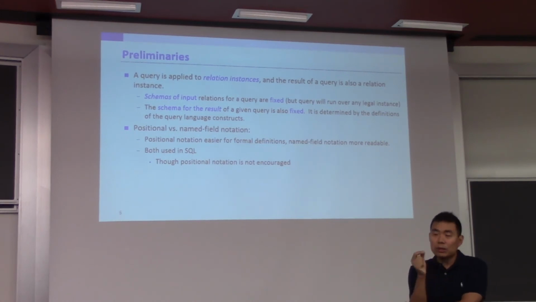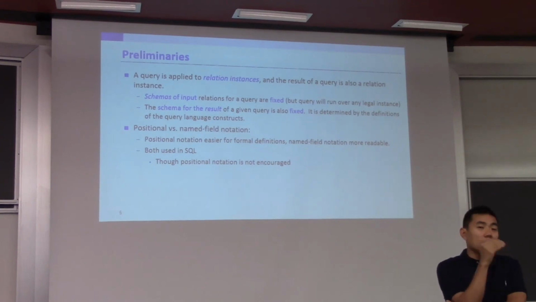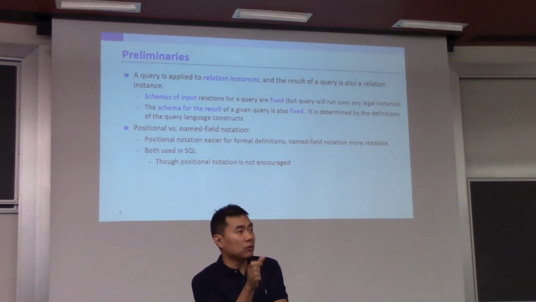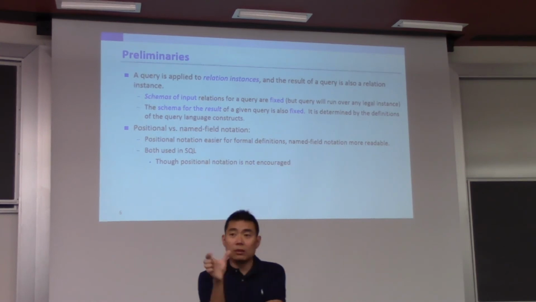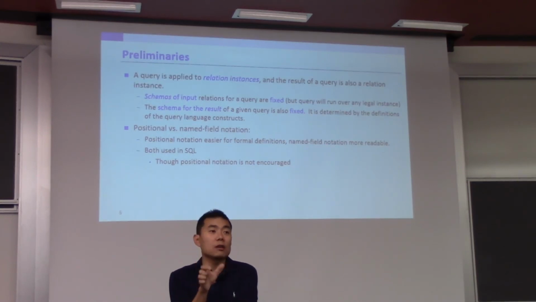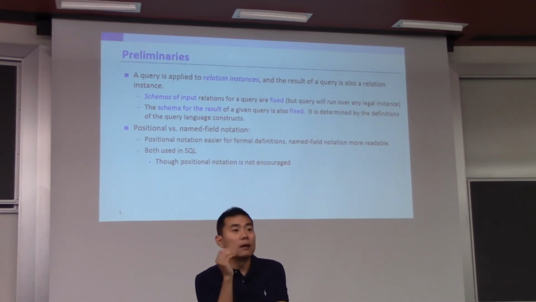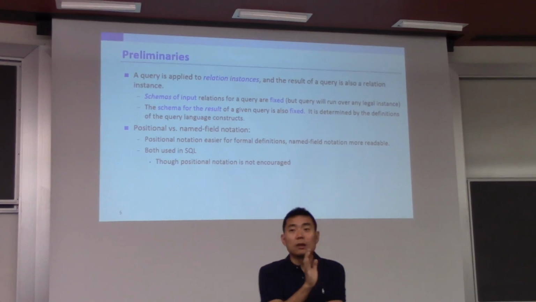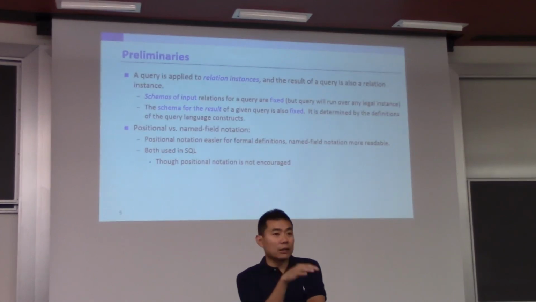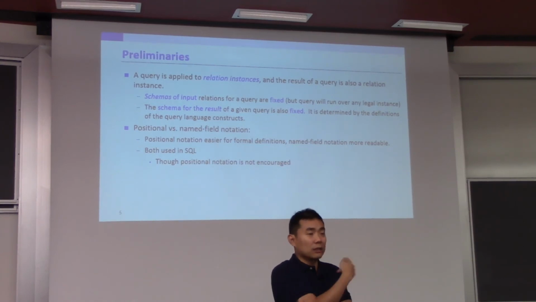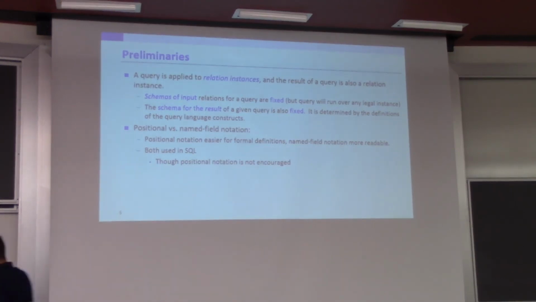But it's a little bit tricky to understand that not only is the input schema fixed, the output schema is fixed as well as soon as you supply the operator and the input relation. The output instance might differ depending on what kind of instance you supply, but the schema information is fixed. This can be a little tricky to understand at the moment, but once we understand a few operators, we will come back and reinforce the understanding of this. Okay?